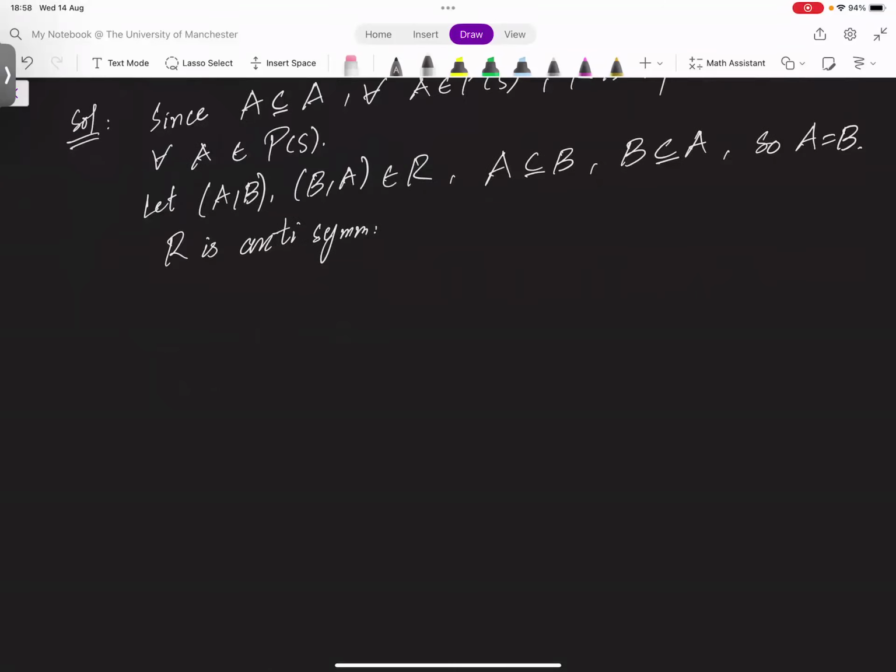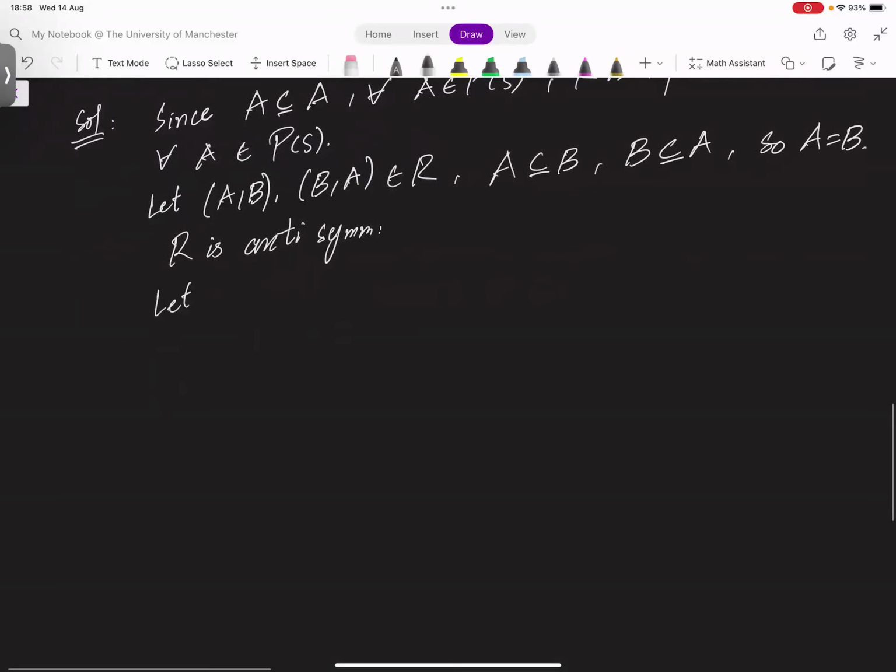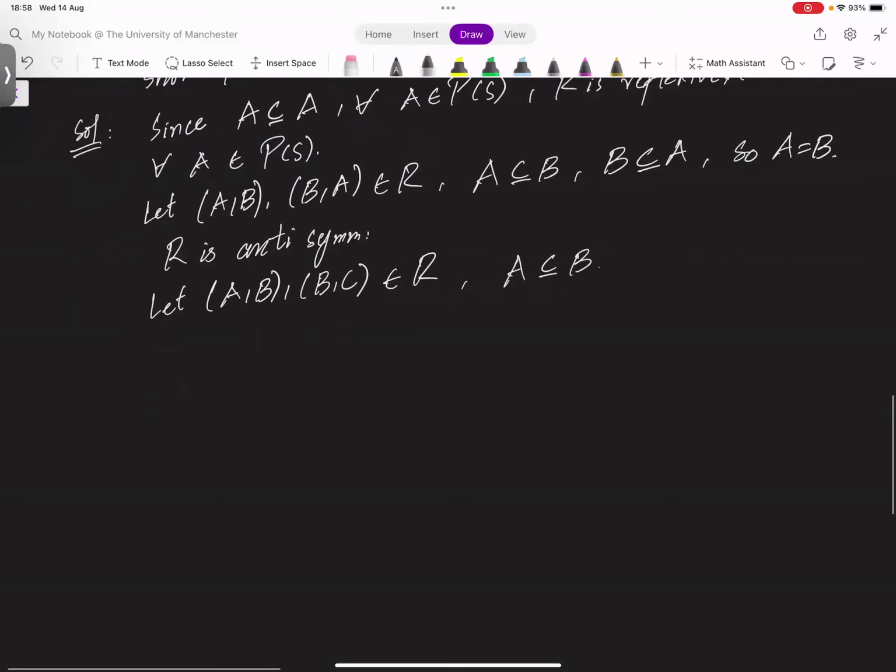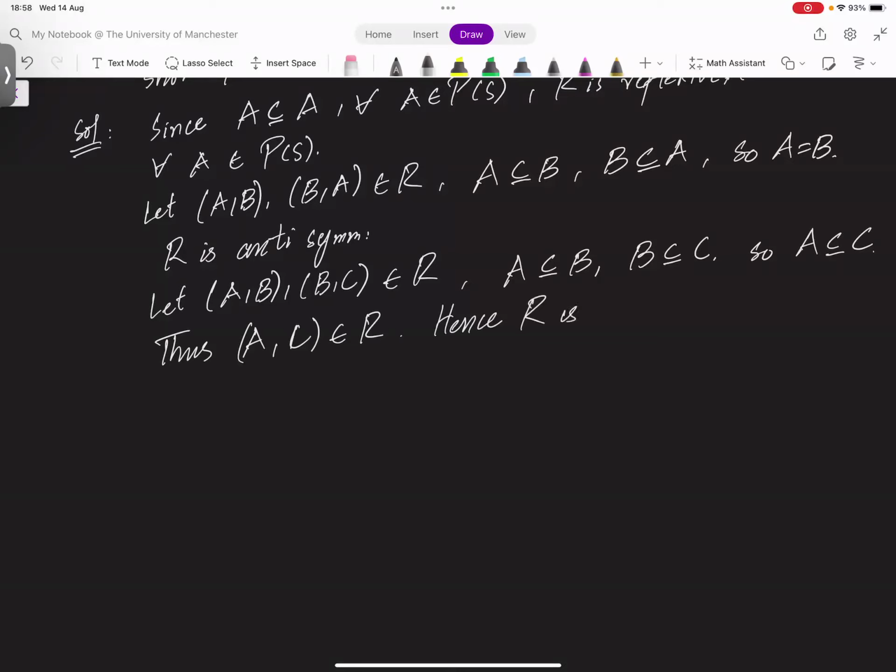And the last part is to show that it's transitive. We consider (A, B) and (B, C) in R. Then by definition, A is a subset of B and B is a subset of C. So A is also a subset of C, and thus (A, C) is in R. Hence, R is transitive.